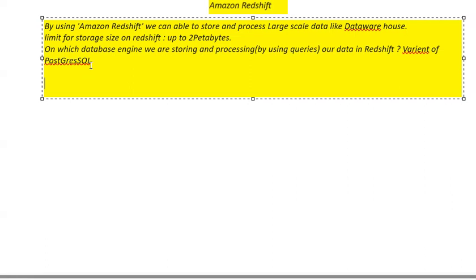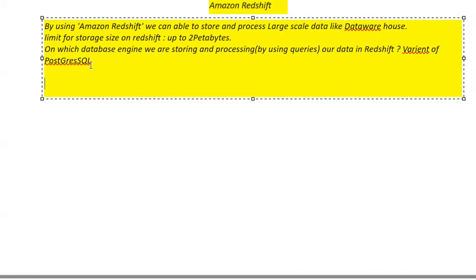We can analyze and query the data stored in Amazon Redshift by using variant of PostgreSQL commands. Why is Redshift designed this way? It is specially designed and optimized for analytical workloads. On which type of data?